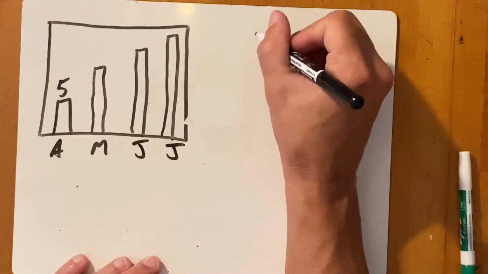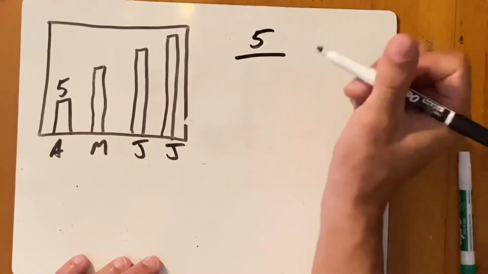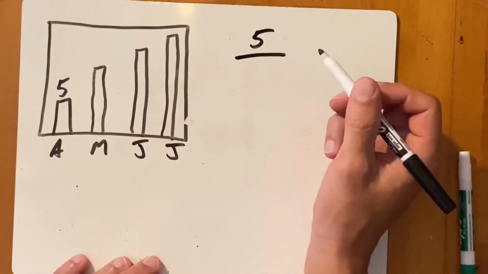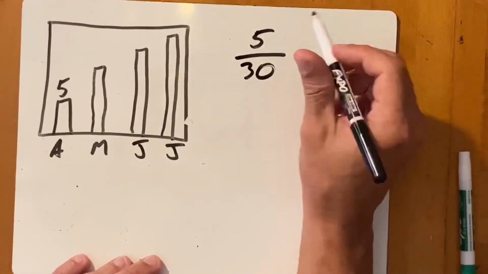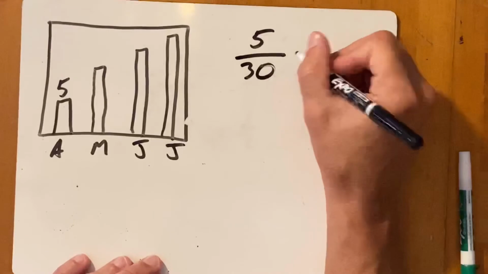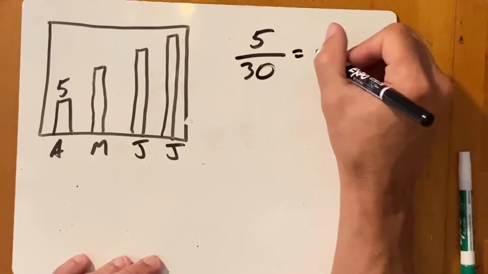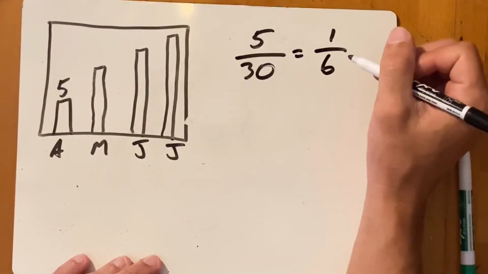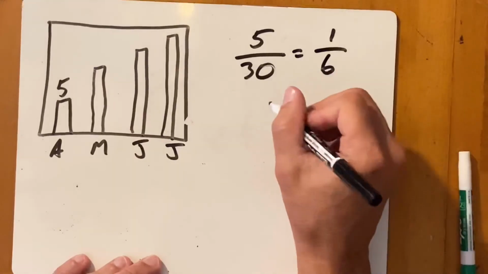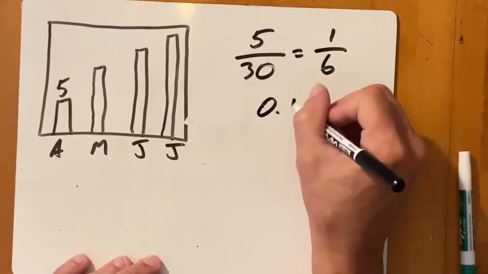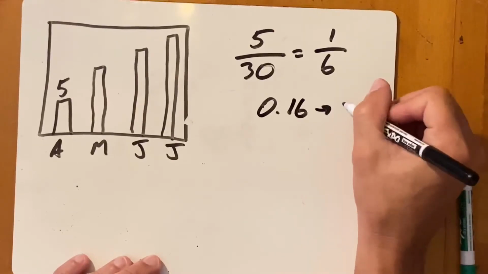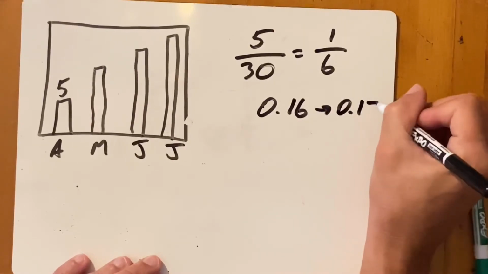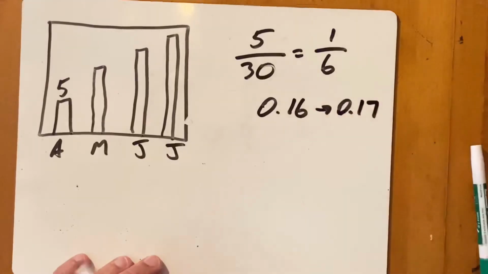Our total trials is how many days are in April. There's 30 days, hopefully we know that. Your final answer in reduced form, and always simplify your fractions, is 1/6. In decimal form, I would have taken 0.16 or 0.17 if you rounded it properly. Either one was an acceptable answer for number 4.